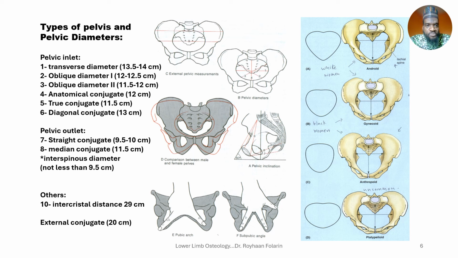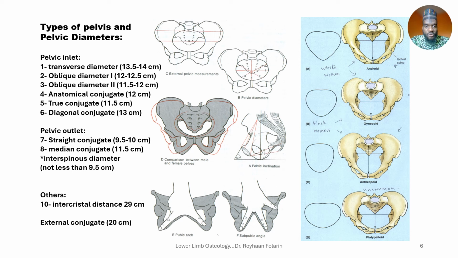So here, the transverse diameter, which has been labeled as number 1 here, usually measures 13.5 to 14 centimeters, and it's the widest dimension on the pelvic inlet. It spans the widest horizontal dimension of the pelvic inlet between both the iliopectineal lines that we saw earlier. So it determines the lateral space for fetal entry into the pelvic cavity.